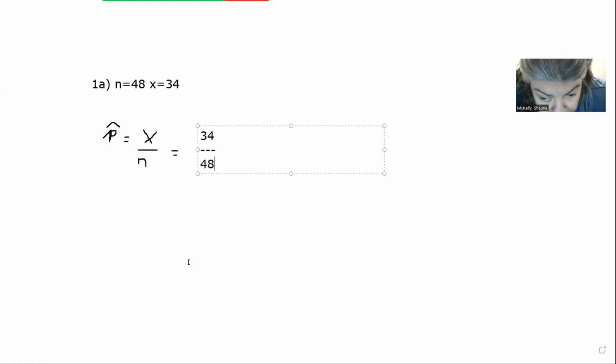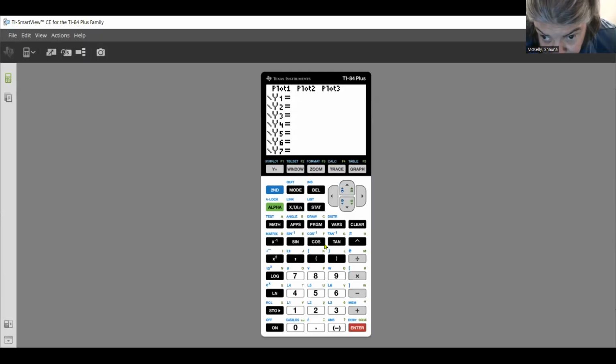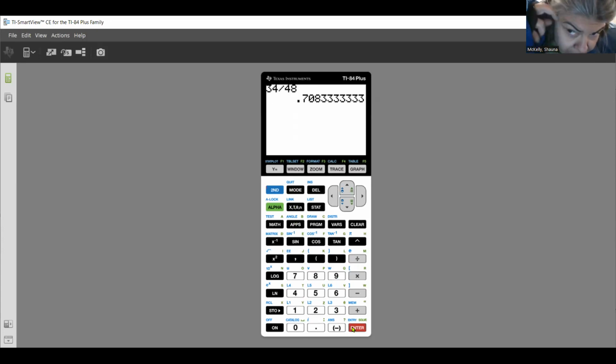We've done this a lot of times already. We're going to pull up the calculator. This is 34 divided by 48. It's 0.7083. And our q hat is just the complement of that, so it's 1 minus the answer you see on the screen.